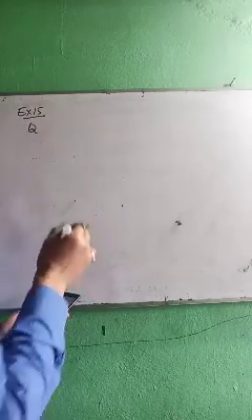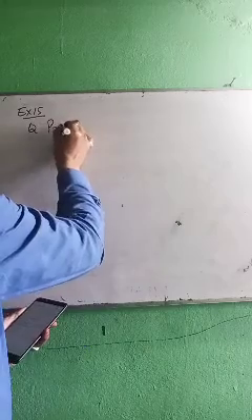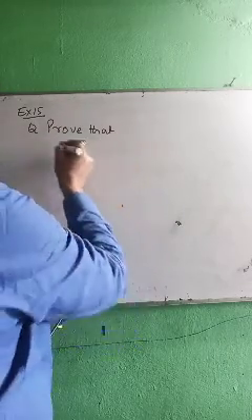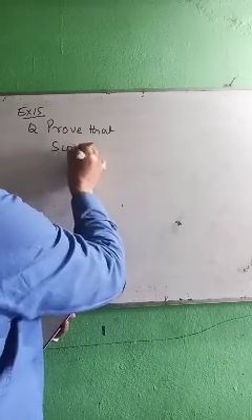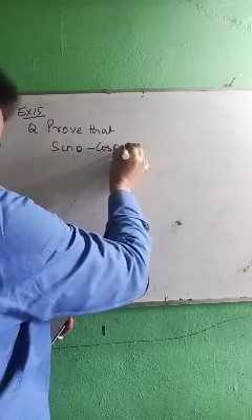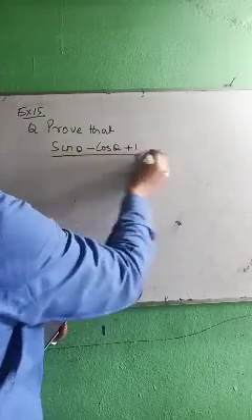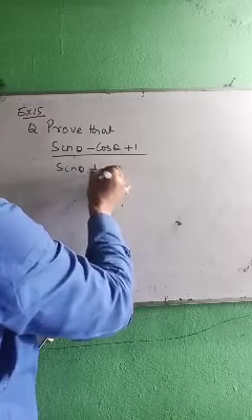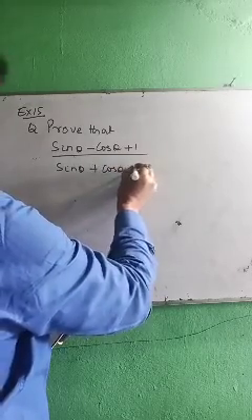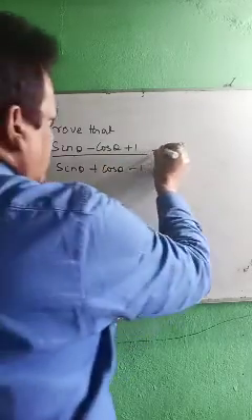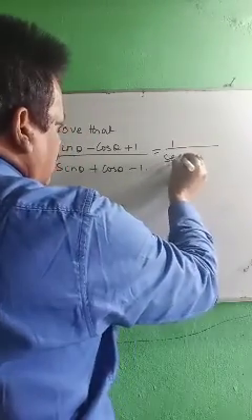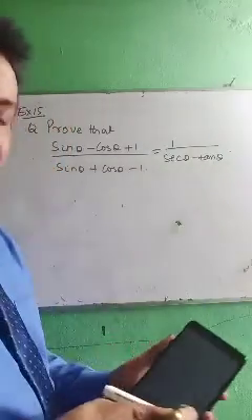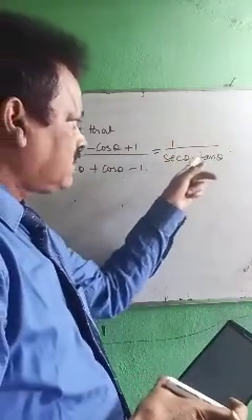Question is, prove that sin theta minus cos theta plus 1 by sin theta plus cos theta minus 1 equals 1 by sec theta minus tan theta. Remember, in the previous question it was in the numerator, now it is in the denominator.